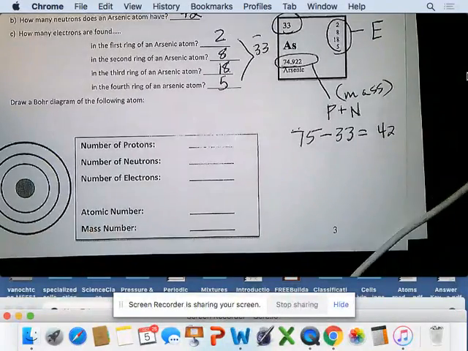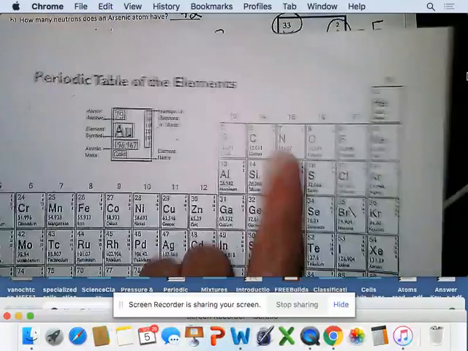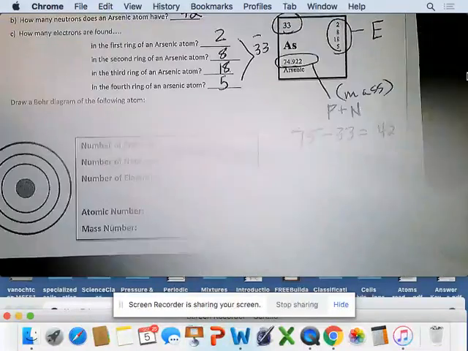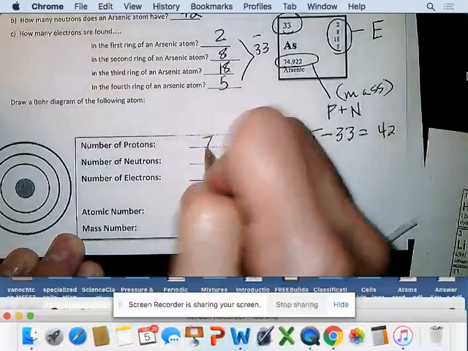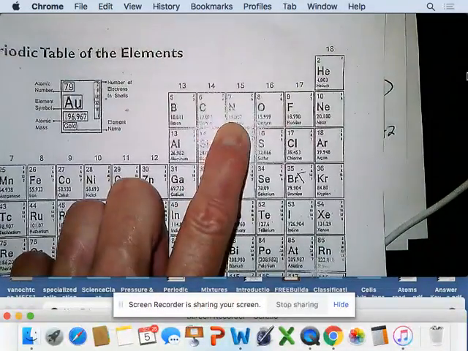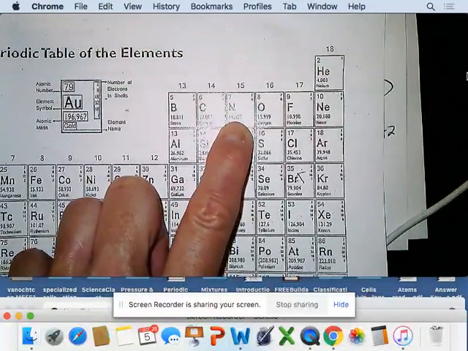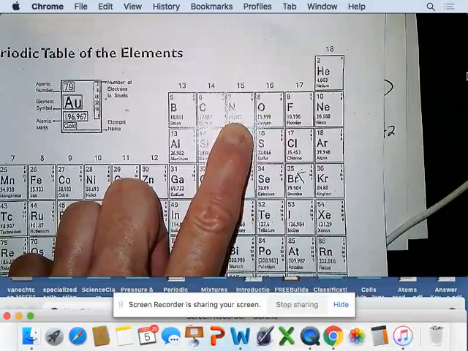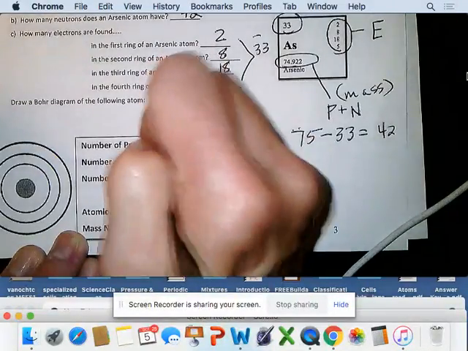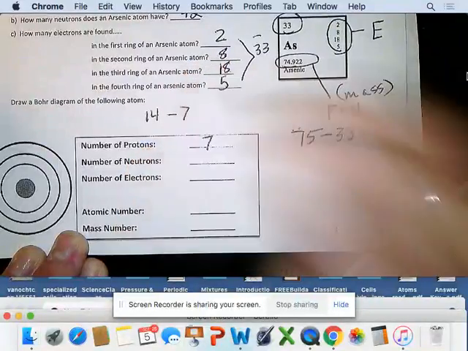If we look at the periodic table, nitrogen is going to have our 7 protons, okay? So it's going to have 7 protons. If we look at the periodic table and we find this protons and neutrons, it's 14.007. So that rounds to 14. And we're going to subtract off the protons.